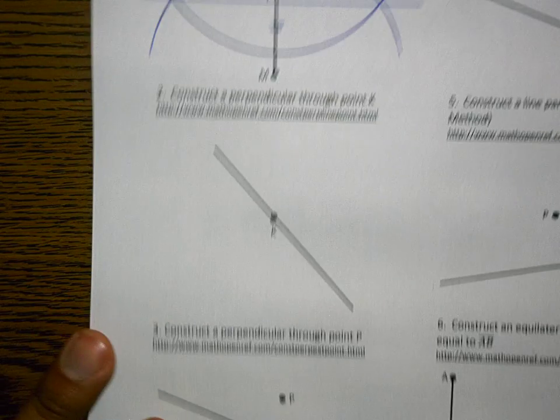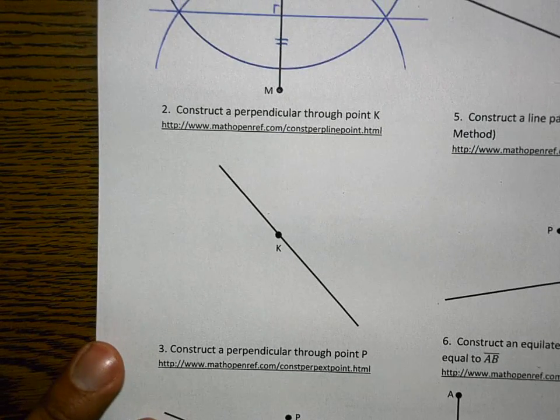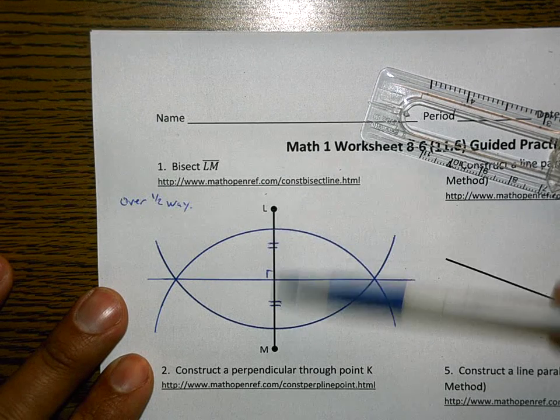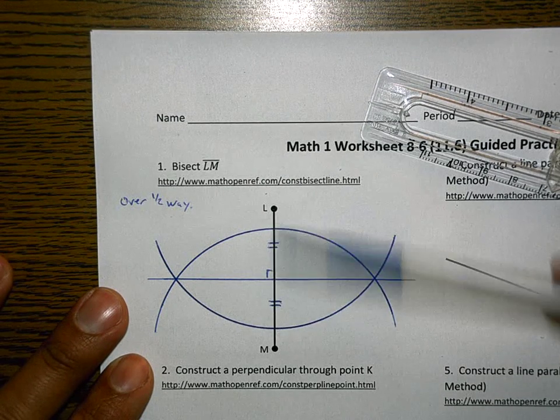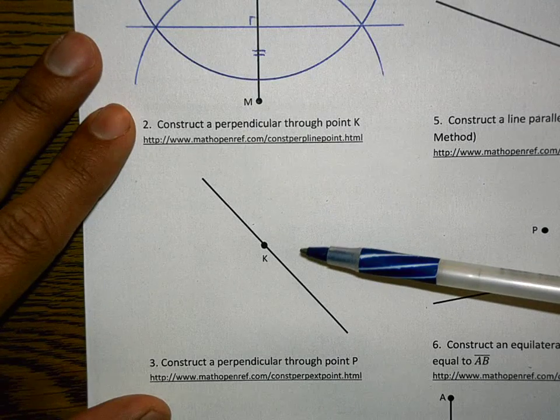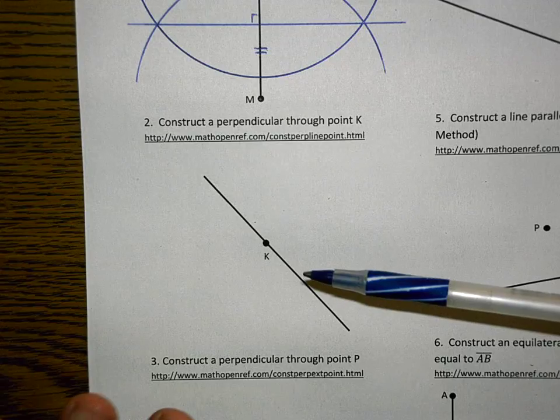Number 2. Construct a perpendicular through K. What was easy about the last one is that I had two points that are the same distance apart. K does not have two equidistant points.